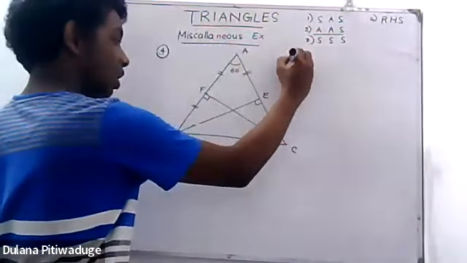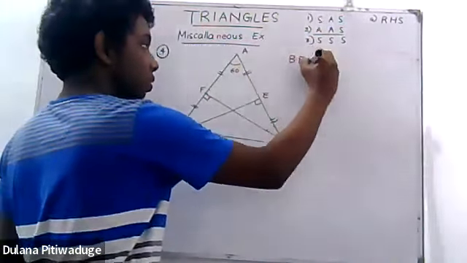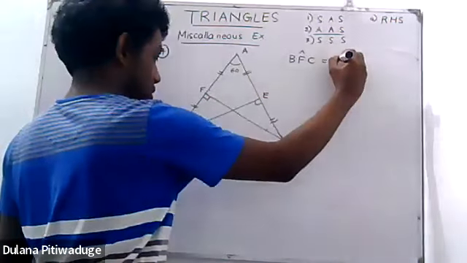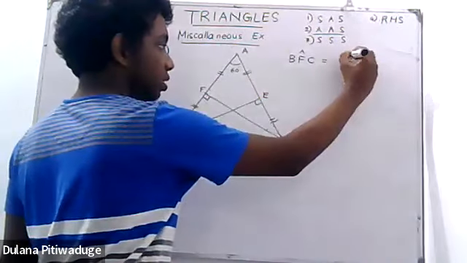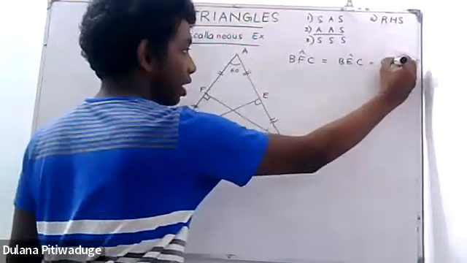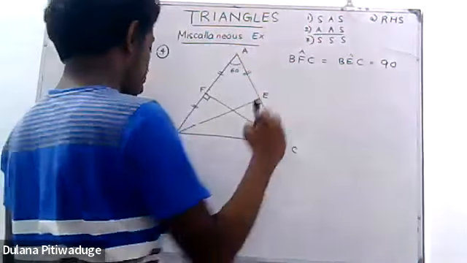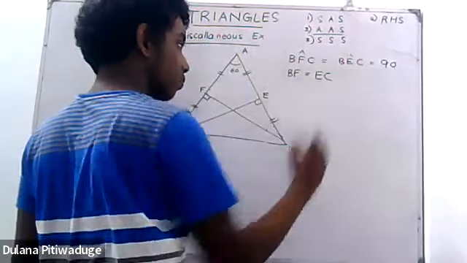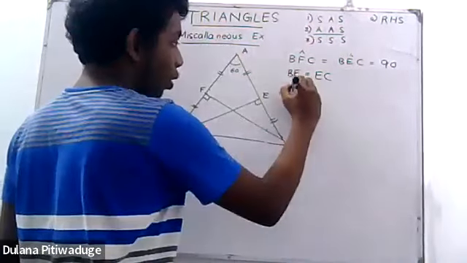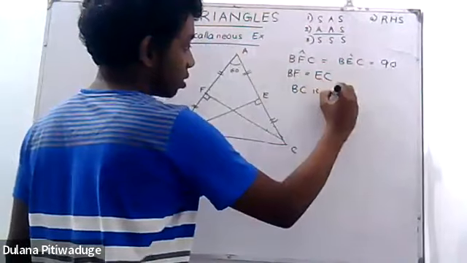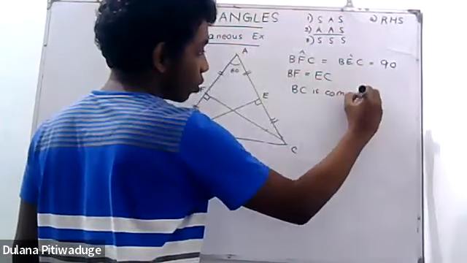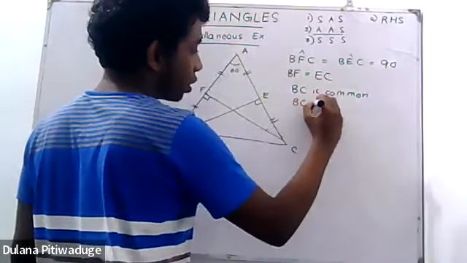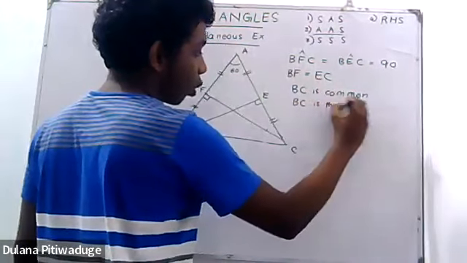Angle BFC is equal to angle BEC equal to 90, and sides BF is equal to BC. BC is common to both. BC is common. And also, BC is the hypotenuse of both the triangles.